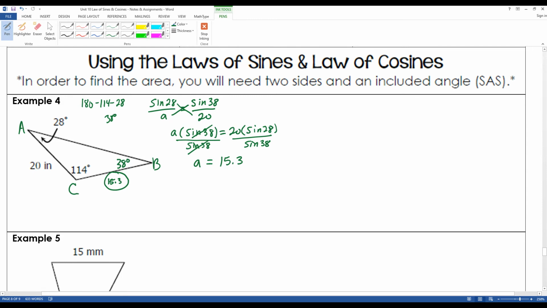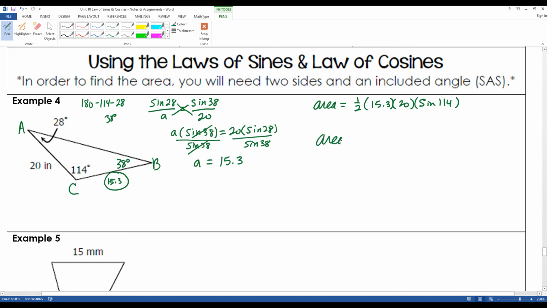Okay, so now I can use the area formula. The area is going to equal 1/2 times one of the sides, 15.3, times the other side, 20, times the sine of the angle that was not associated with those two sides, 114. Now I put that in the calculator.